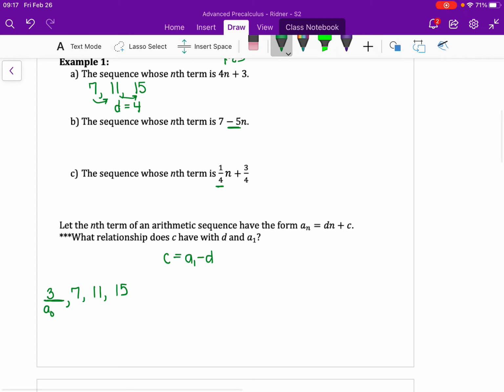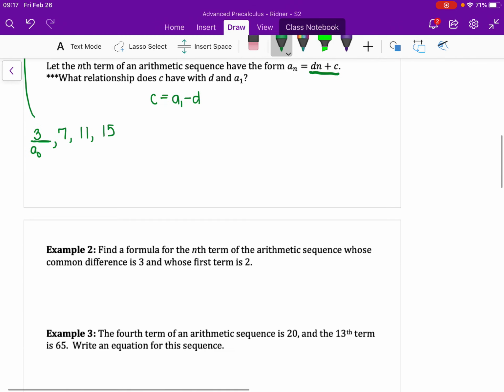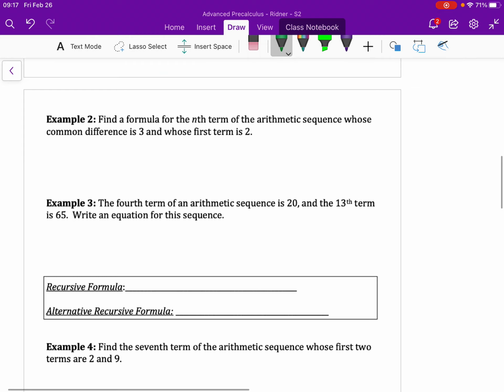Well, if I go back up and look at this example, I have 4n plus 3. So if you're ever given a pattern and say, hey, will you turn it into dn plus c, that makes it kind of an easier, quicker way to do it than some of the other stuff we're going to keep on talking about, okay?